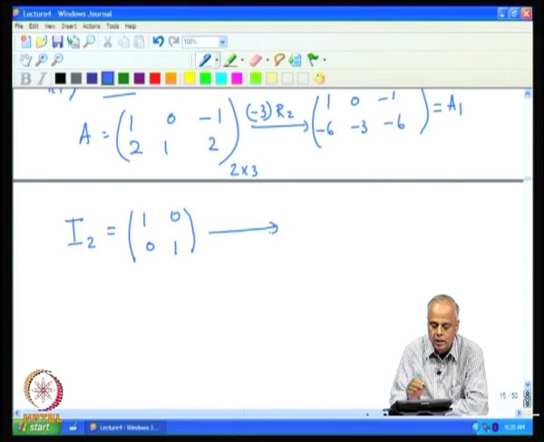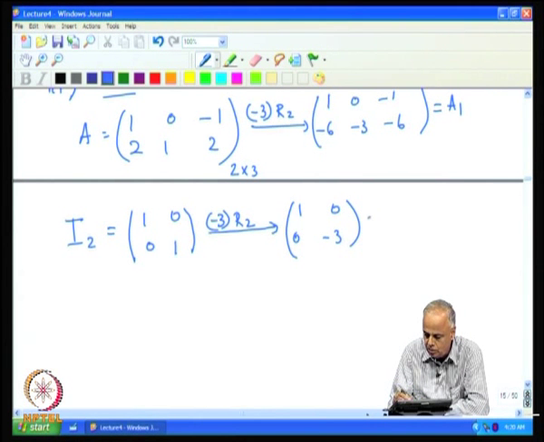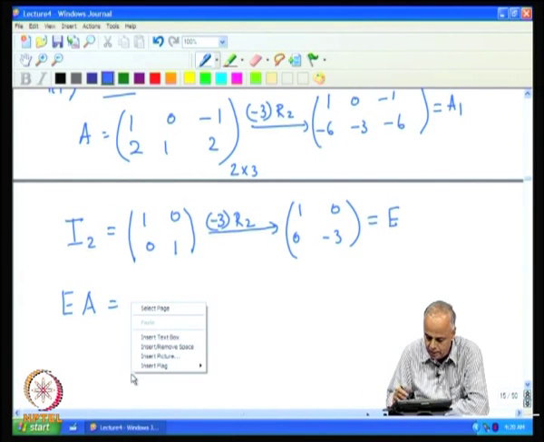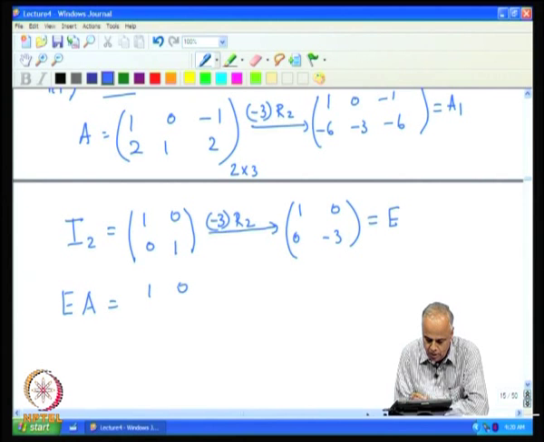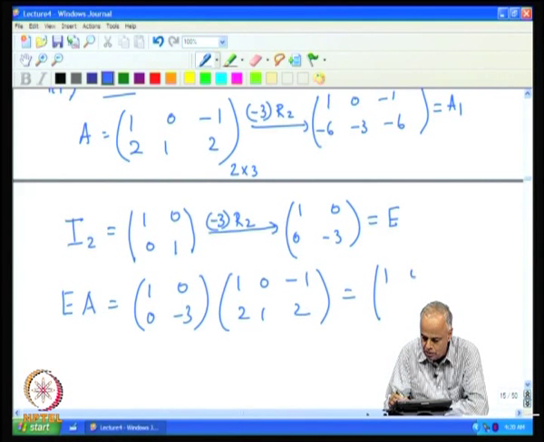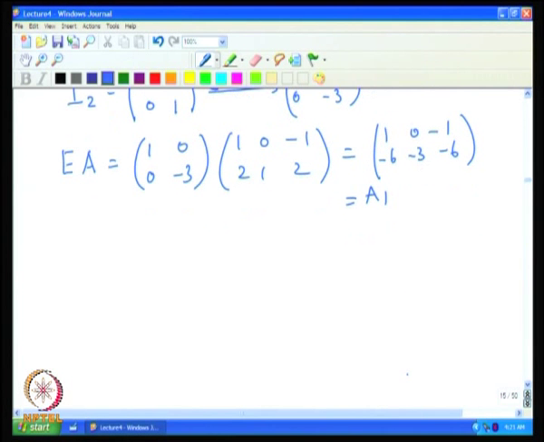Suppose we apply the same transformation on this, we get 1 0 0 minus 3, which we will call as E. If we now multiply E and A, what we are going to get is that 1 0 0 minus 3 into 1 0 minus 1 2 1 2, which is just 1 0 minus 1 minus 6 minus 3 minus 6, which is A 1.